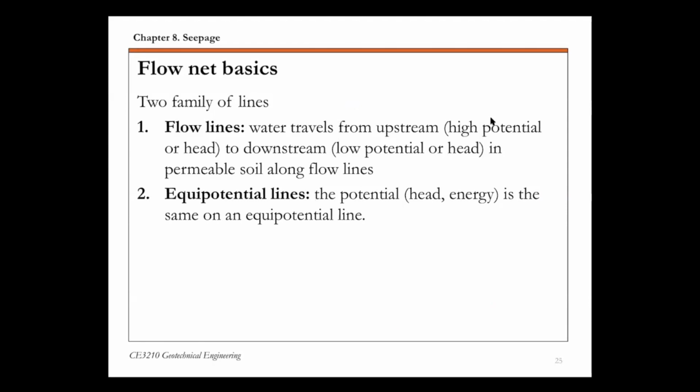The second family of lines is what we call equipotential lines. On an equipotential line, the potential, or the head or energy, is the same. They're all referring to the same thing.